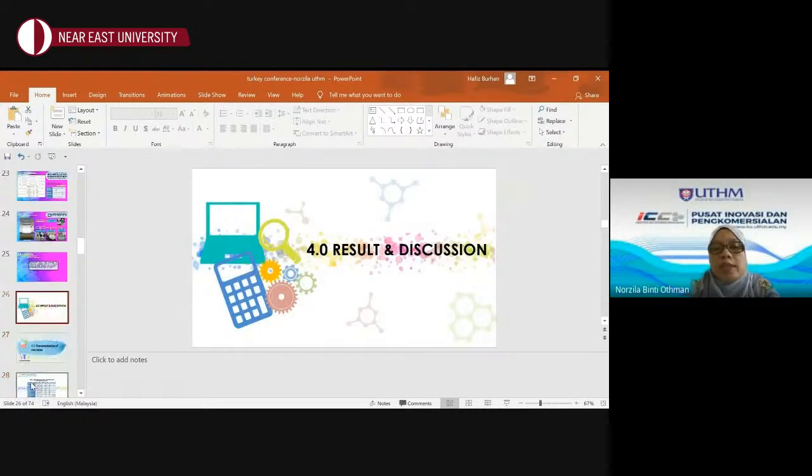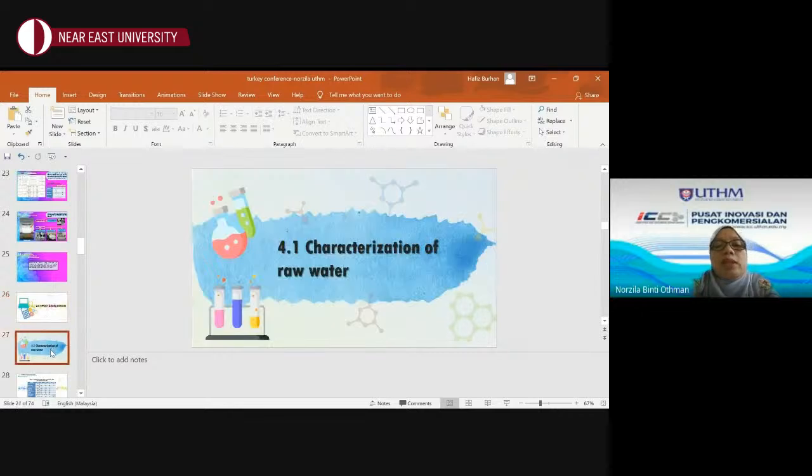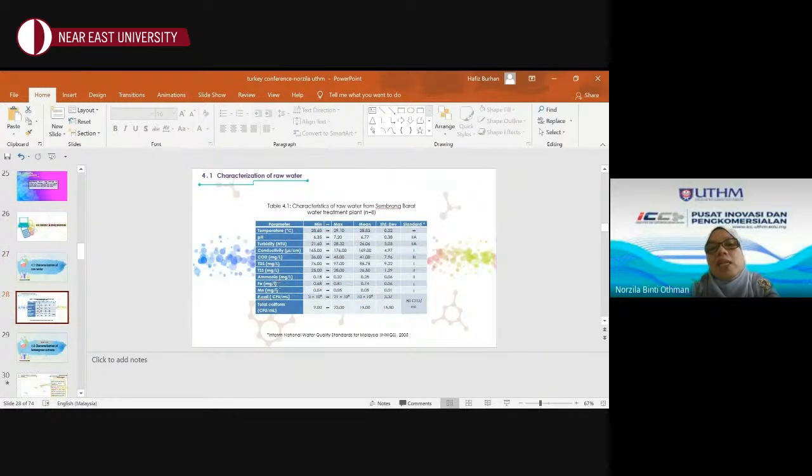Now we go to results and discussions. The first one is the result on characterization of the water. How does the water look like? Basically, once we get the values of the raw water, after a few collections of the water, it is analyzed for the minimum, maximum, and average value of each parameter.